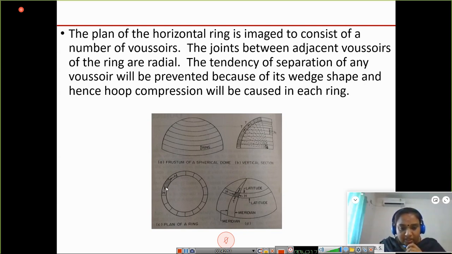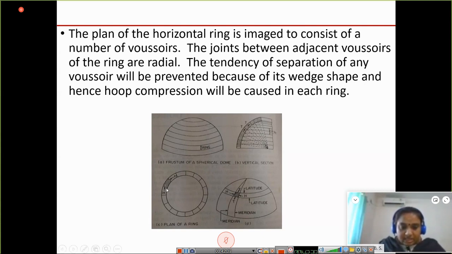And these smaller units have joints which are radial in nature. So suppose this is the center of my ring, and if I draw radial lines like this, all these are going to meet at the center.